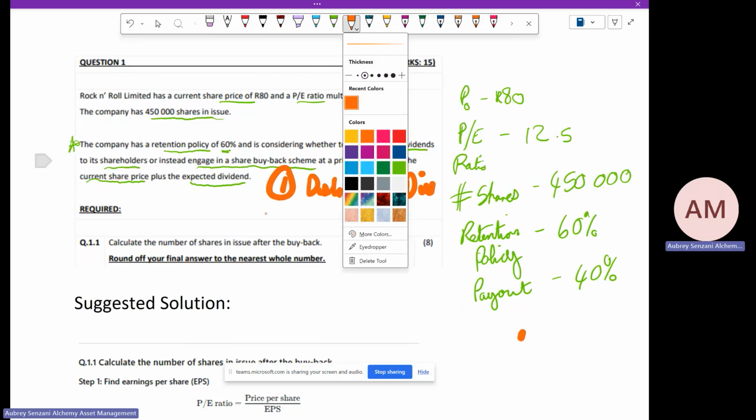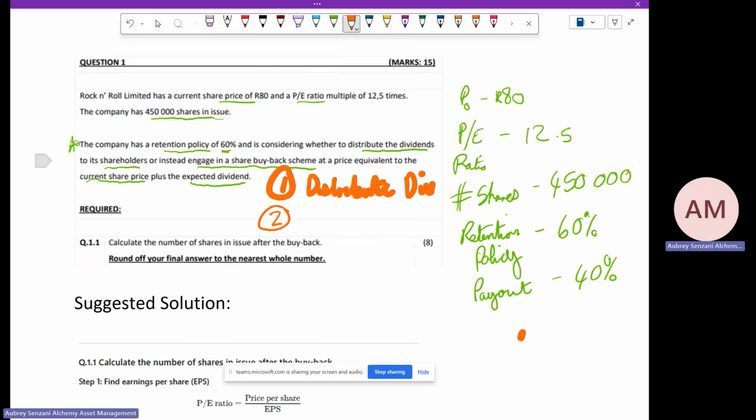And 2, do we do a share buyback? Those are the two things that we are actually considering. So the first thing they ask is to calculate the number of shares in issue after the buyback.